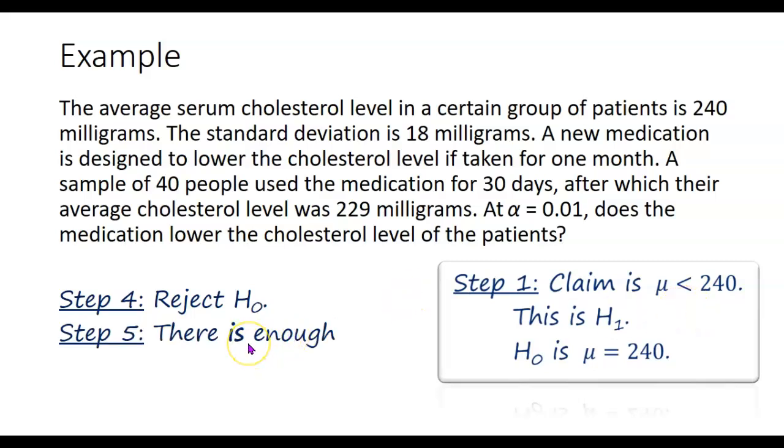So there is enough evidence. We did reject the null, so there is enough evidence to support the claim. Rejecting the null hypothesis is equivalent to supporting the alternative hypothesis, which was the claim in this example.